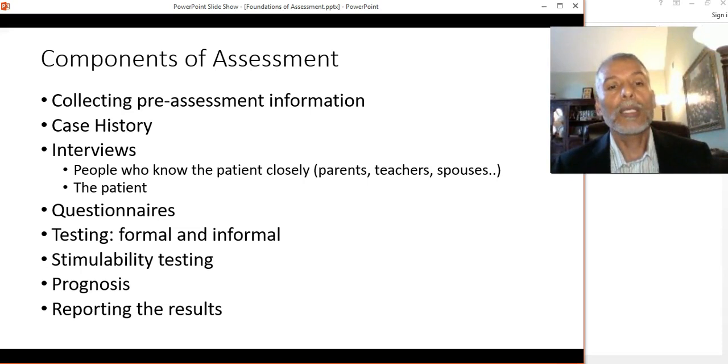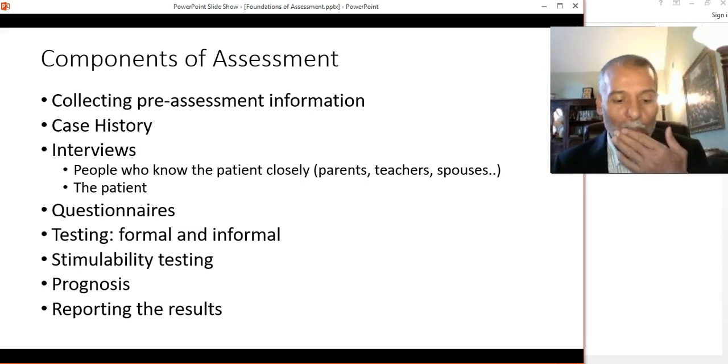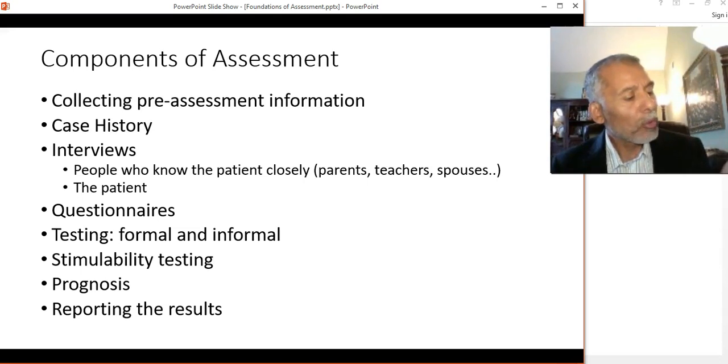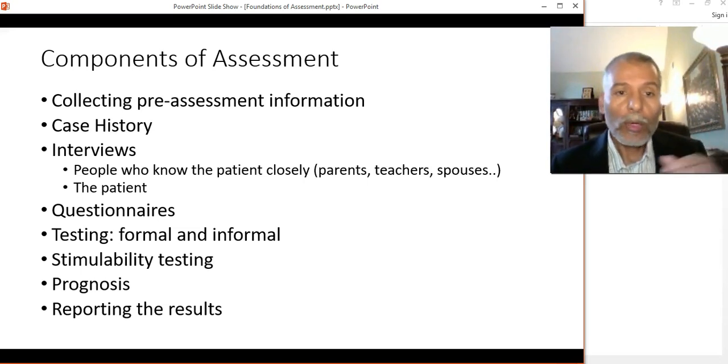The informal items could be, for example, a language sample, when you have someone describe some pictures, or tell you a story and you write it down, take a language sample, and then you make a judgment. Say, oh, the sample shows good language, so you are not using any official ways to analyze it. That will be an informal part of the assessment.